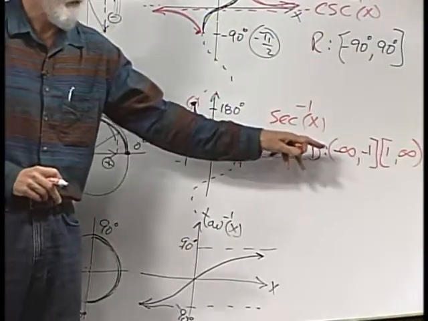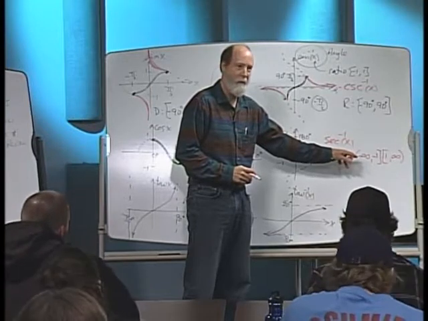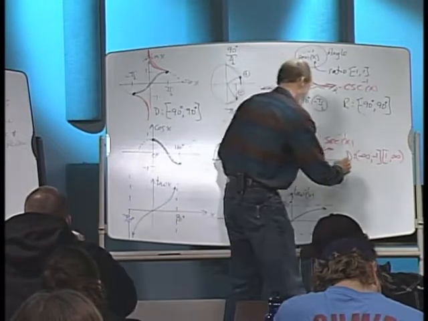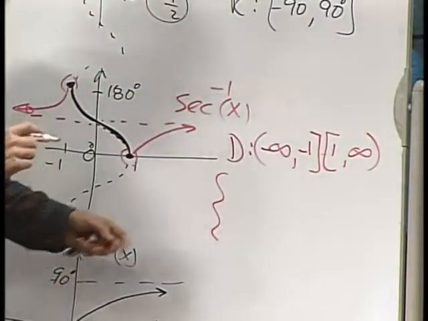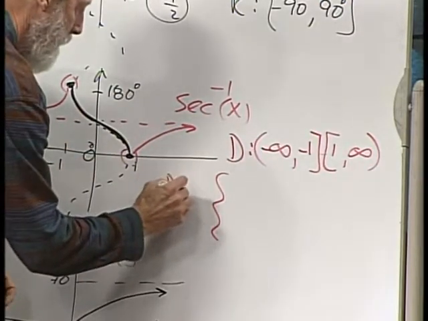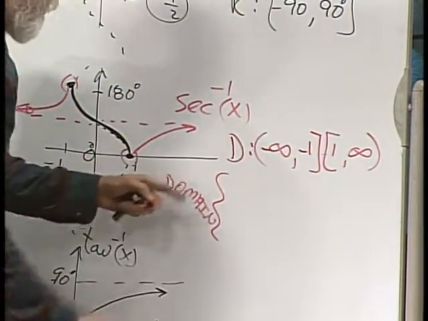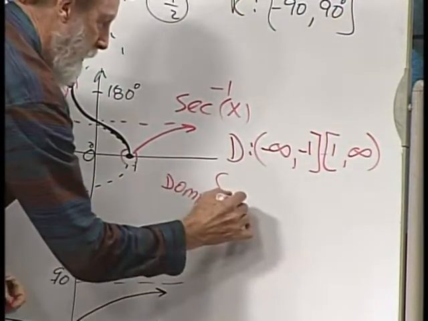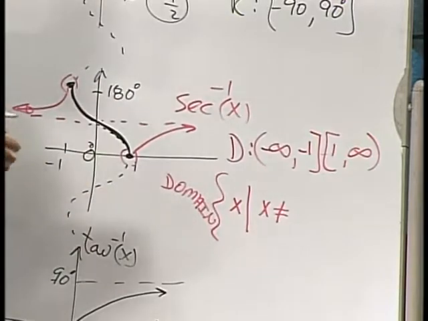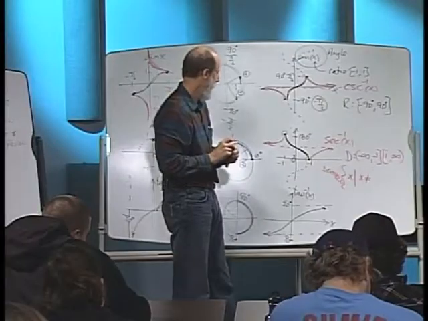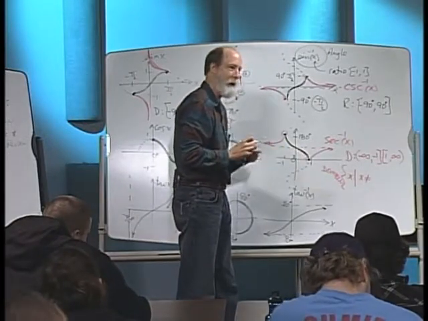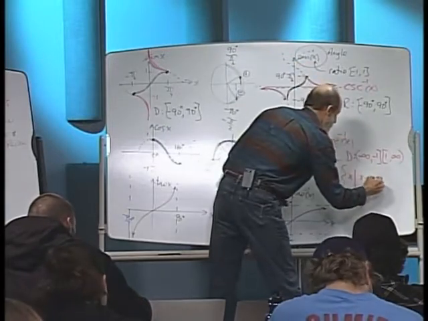This type of thing was showing up in the Math XL homework and test, and some people were having trouble with this kind of an idea. The way the book was expecting you to write it is using set notation, which would say, in this particular case, if you were asked for the domain here, the set of all x such that x is not equal to values between -1 and 1, right?